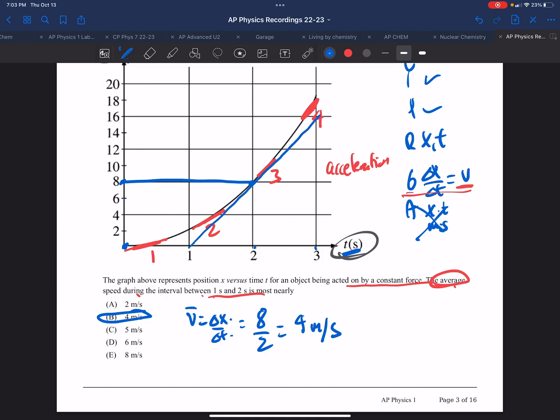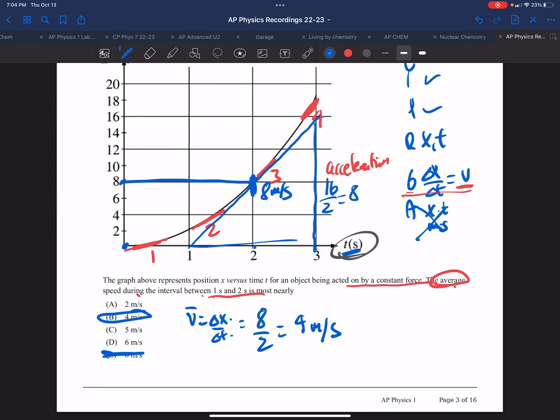Now, what we might guess if we did this is we might draw a tangent here, and we could see that this might have a delta y of 16 over 2 seconds. So that means that velocity here is 8 meters per second, right? So that's the final velocity, which we know can't possibly be true.